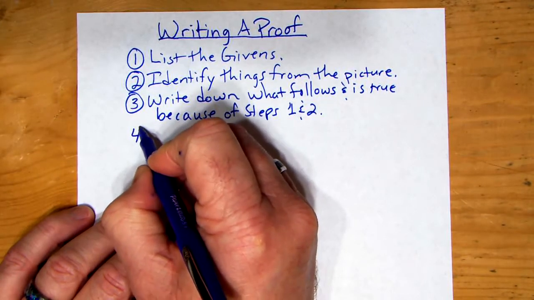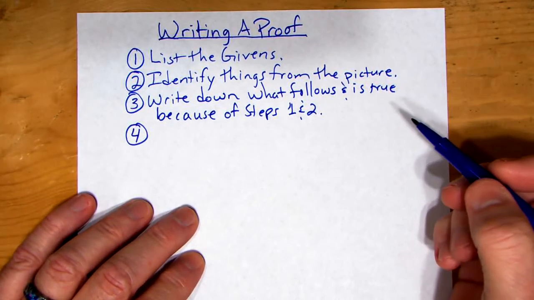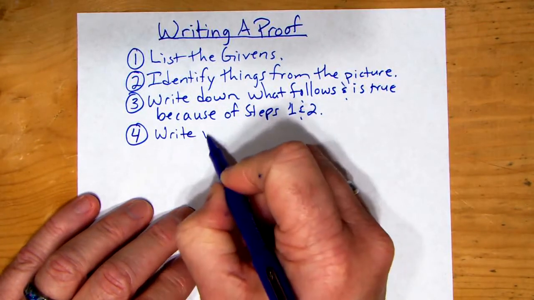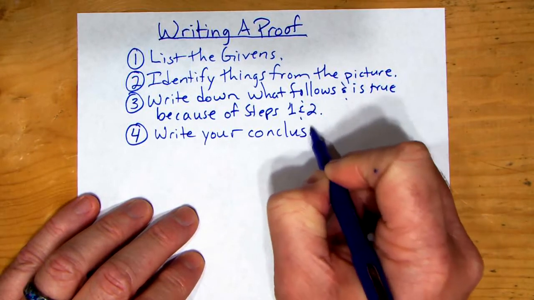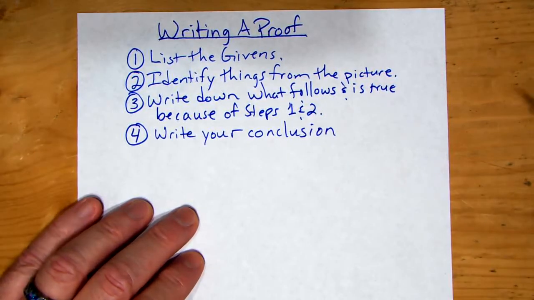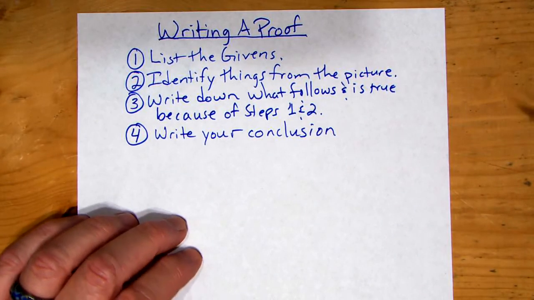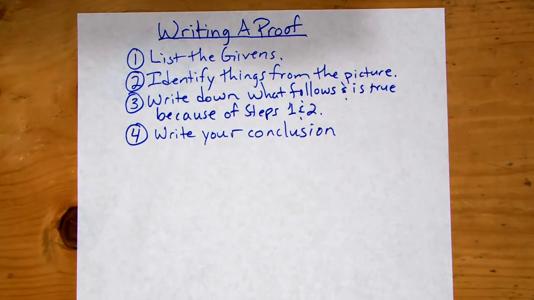And then the fourth part of a proof is going to be to write your conclusion. And that's where we wrap up the proof. Remembering to have gone through and check that every statement has some kind of reason for it.